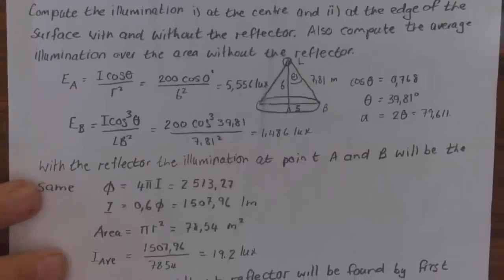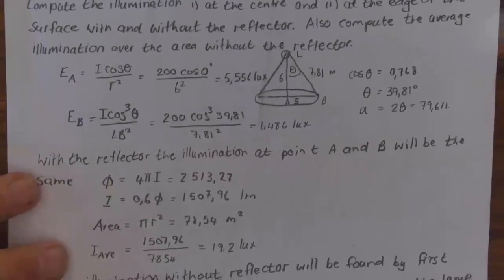So EA is 100 cos theta over r squared. That gives us 5.556 lumen. Then we can calculate cos theta, which is 0.768, and therefore theta is 39.81, and alpha is 2 theta.